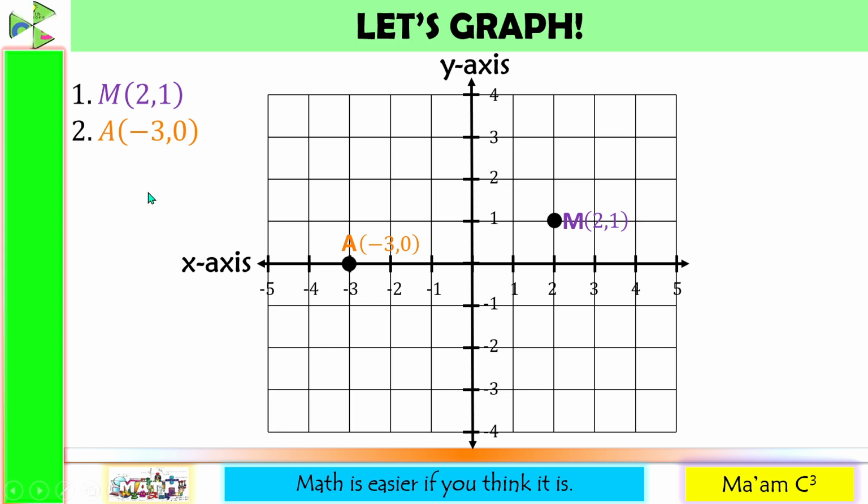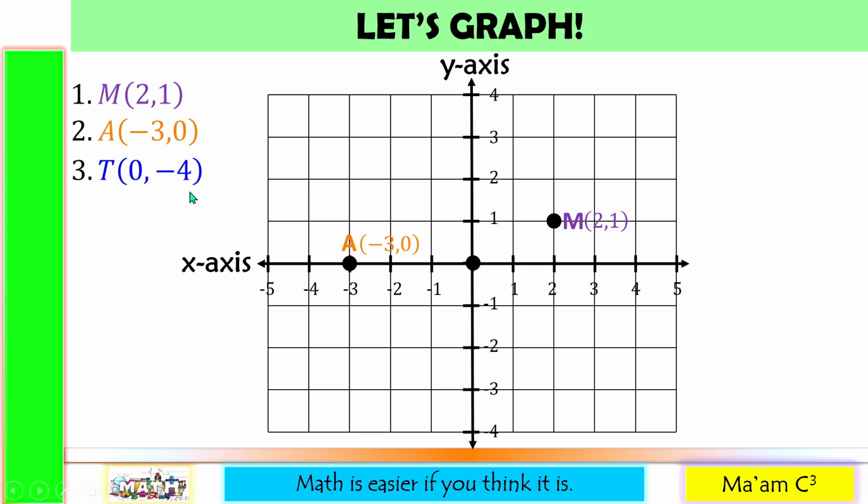Let's have another point. Let's have point T, 0, negative 4. Again, starting at the origin, our x-coordinate is 0. It means we are not going left or right in the x-axis. We just have to stay here. Then, our y-coordinate is negative 4.